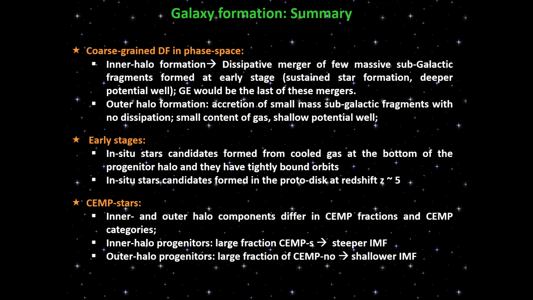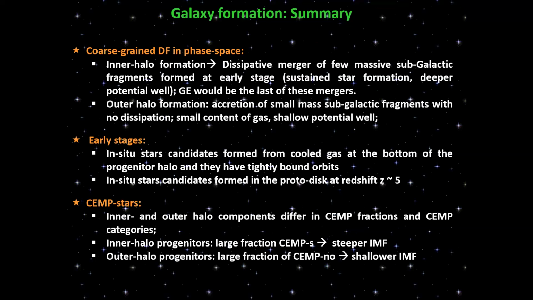Based on your analysis, is it safe to conclude that the majority of the stars in the disk formed in situ? Well, I'm talking here about the very metal-poor regime. I'm not discussing the thick and thin disk. In the very metal-poor regime, no, the majority is not formed in situ at all.